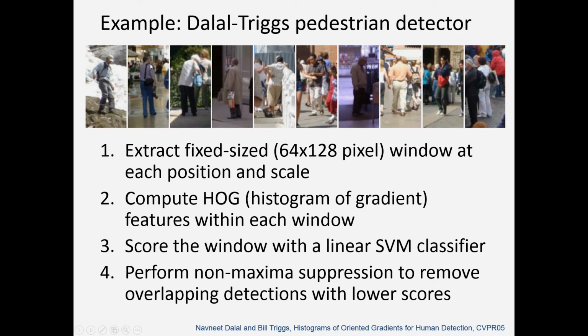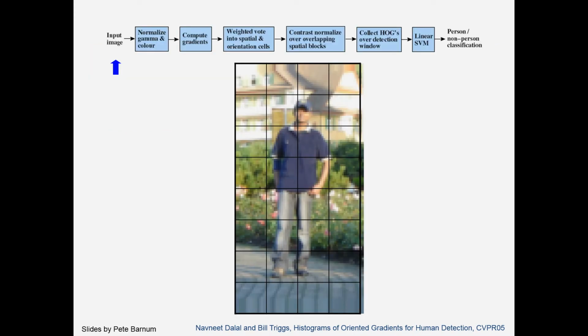Then they compute HOG inside this window, then use an SVM, and as I mentioned, apply non-maximum suppression to remove overlapping detections.